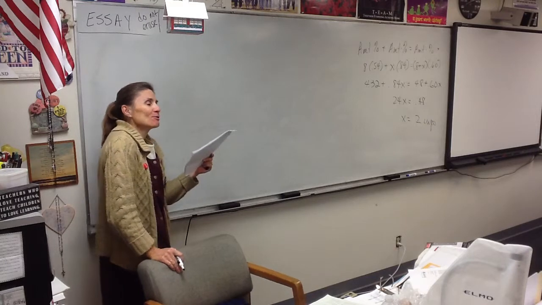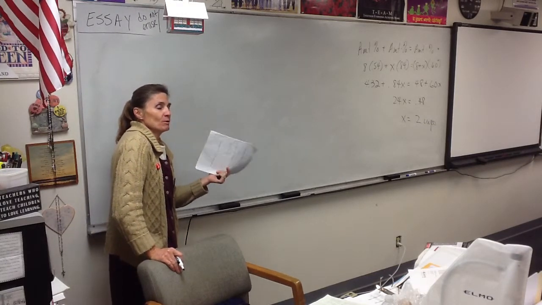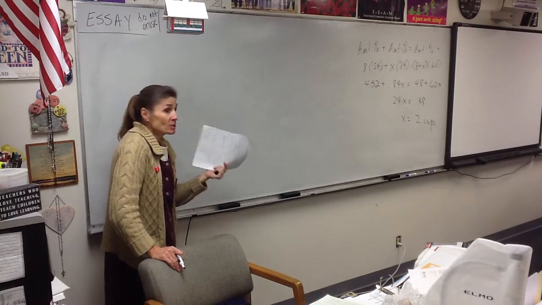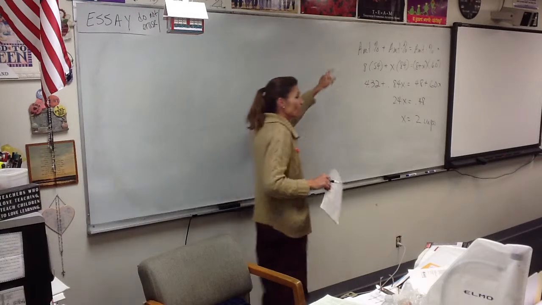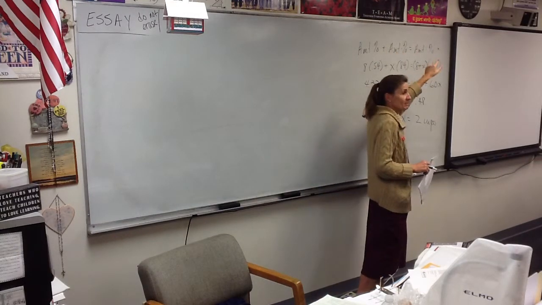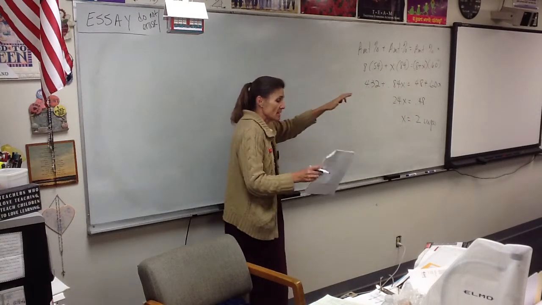All right, number 3. Everybody recognizes this problem's different, right? Okay. If it's a mixture problem, we're going to use the setup amount times percent plus amount times percent equals amount times percent, and that will always get us in the right direction.